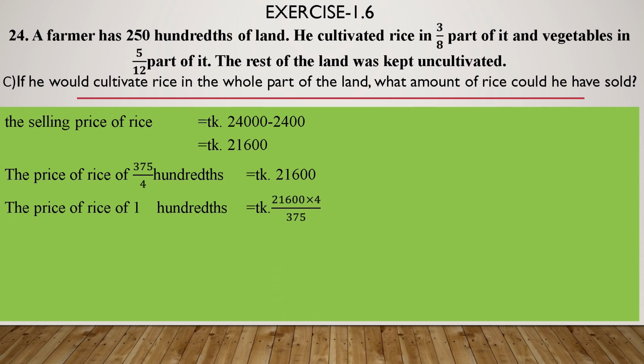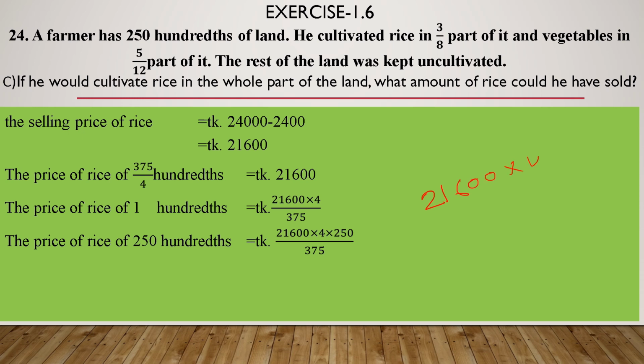That is, obviously it will be reciprocal. So 21,600 multiplied by 4 divided by 375. Now the price of 250 hundreds is taka 21,600 multiplied by 4 multiplied by 250 divided by 375. And how can you reduce this part? I will show you.